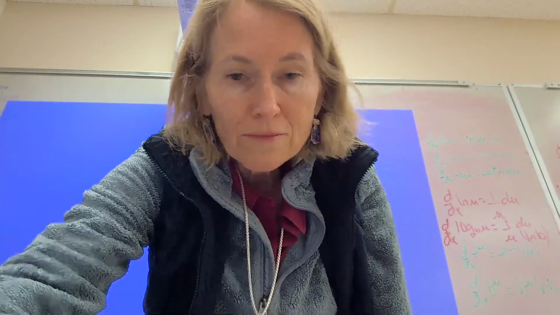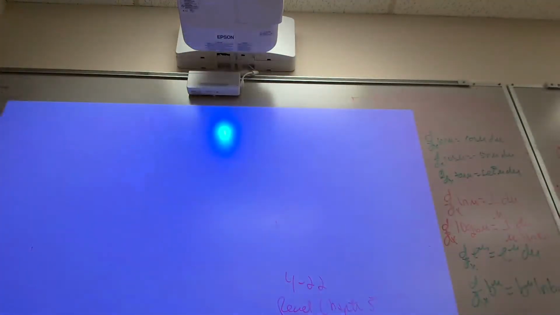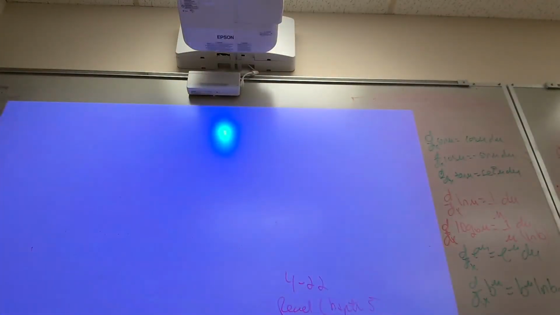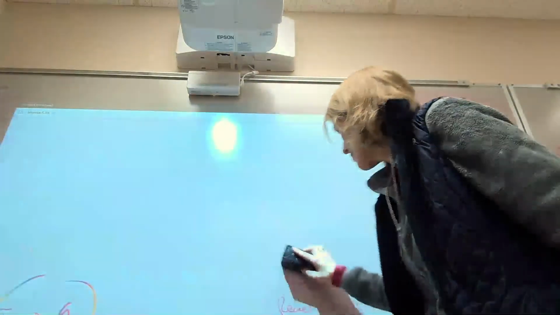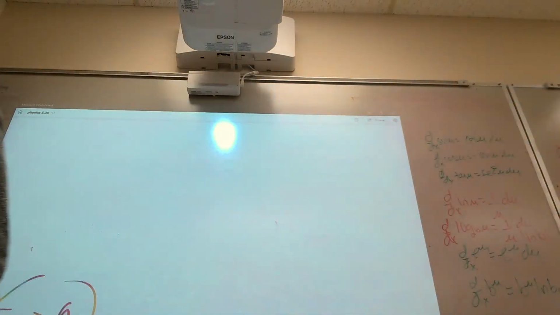Lincoln, can you please read? As shown in figure 5.34, block A, a mass of 2.25 kilograms, rests on the tabletop. It is connected by a horizontal cord passing over a light frictionless pulley to a hanging block B, mass of 1.30 kilograms.